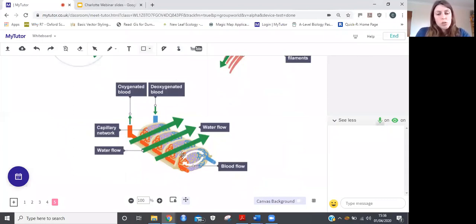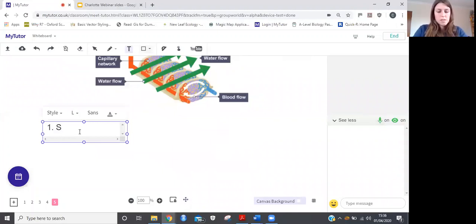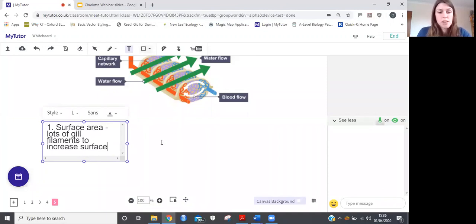So fish also use those three methods of diffusion, but in a slightly different way. So let's number them again. So 1, surface area: lots of gill filaments to increase surface area in a similar way to our alveoli.